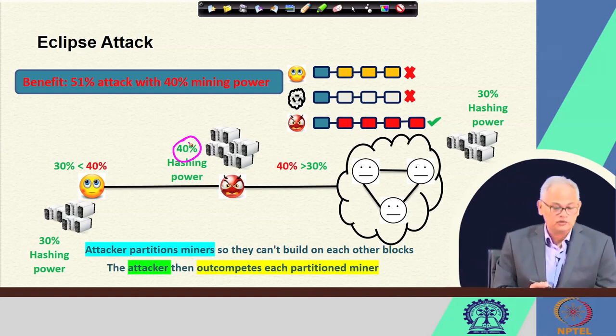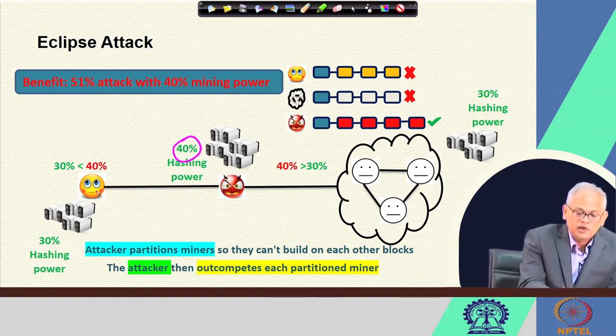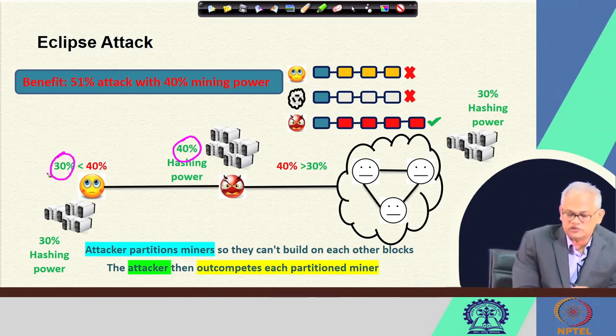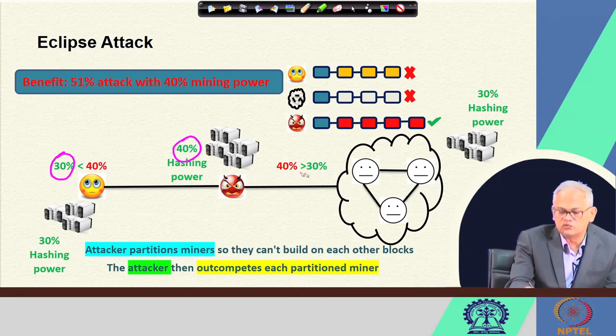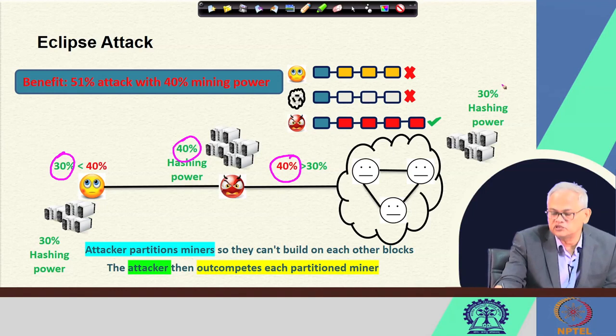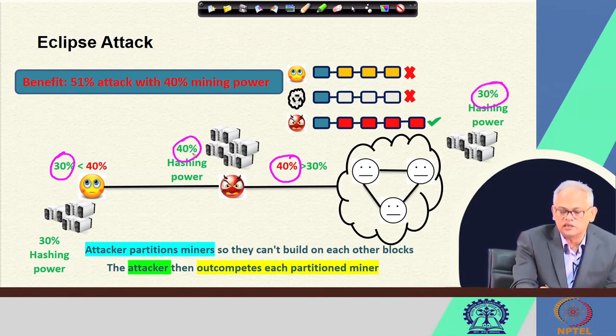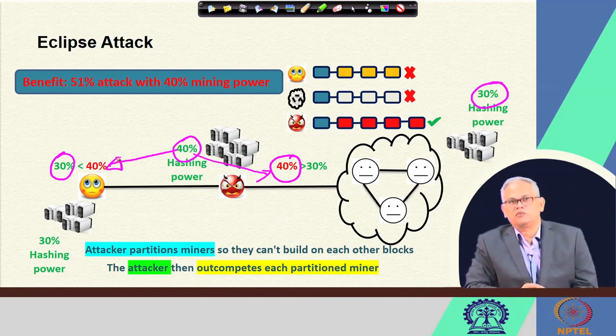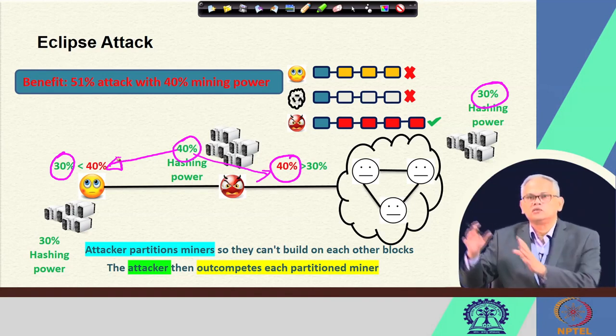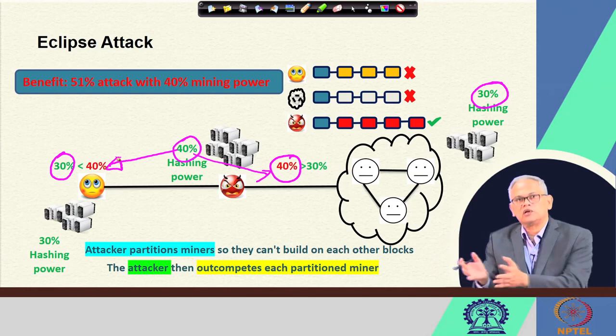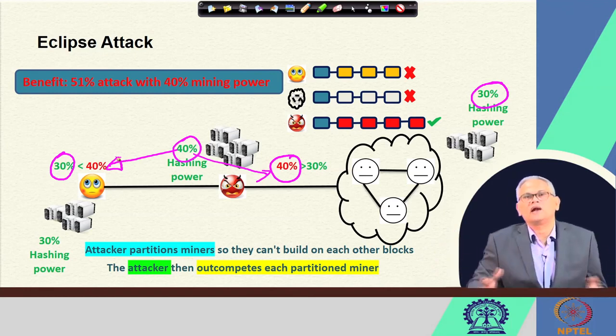What we show in this example is that suppose this particular victim node had 30% hashing power, and the rest of the network had 30% as well, and this attacker node has 40% power. Overall, the rest of the network and the victim node together had 60%, which was more than 40%.